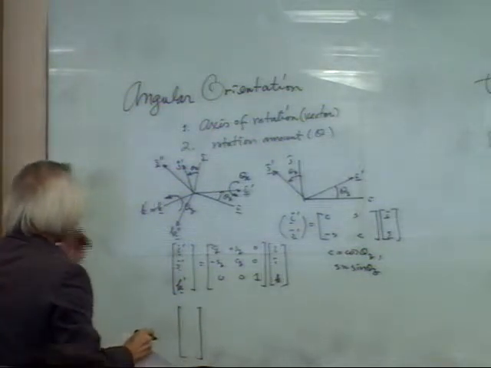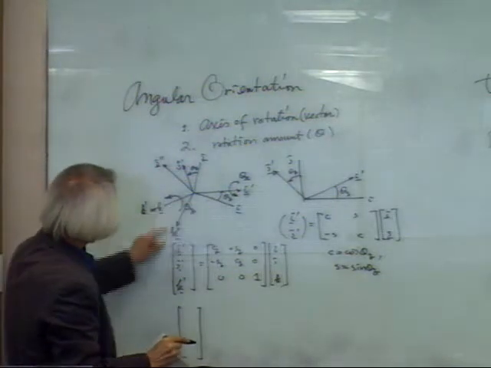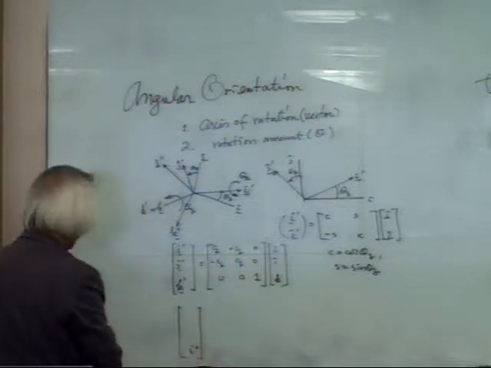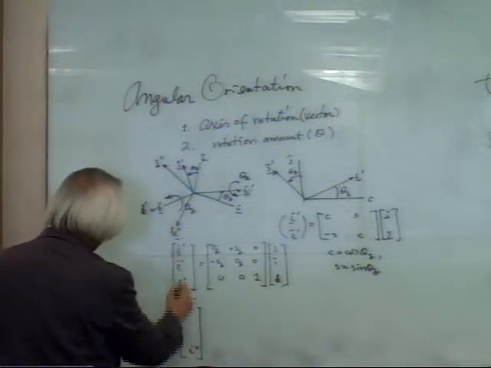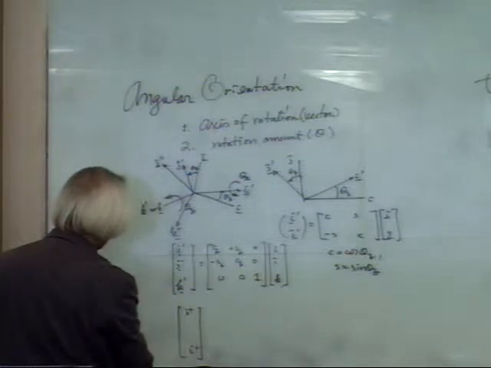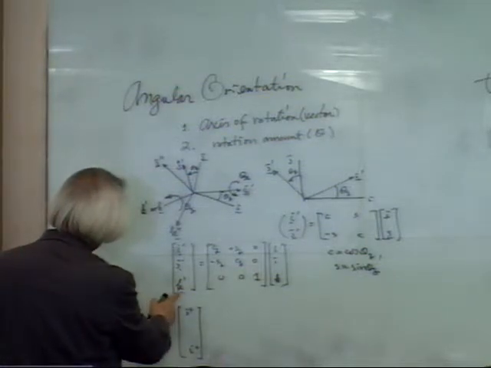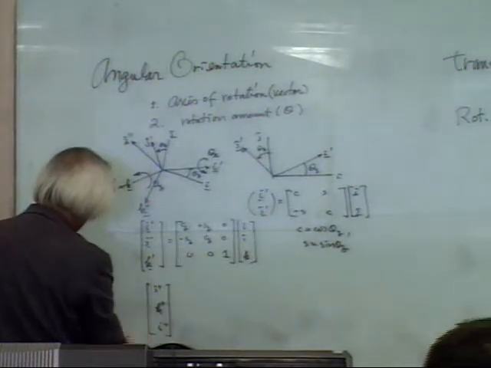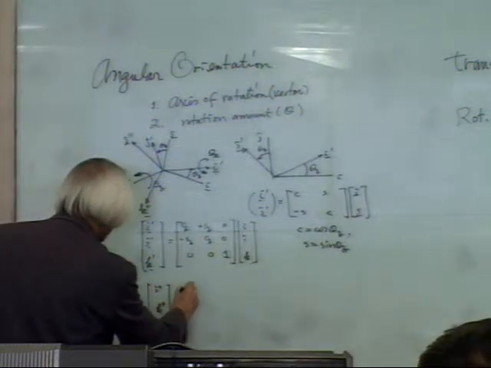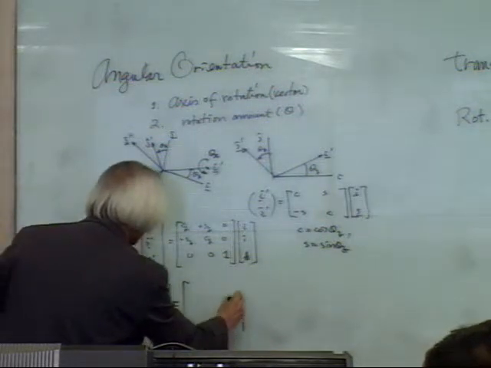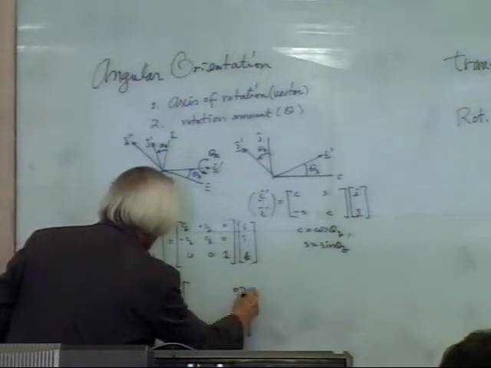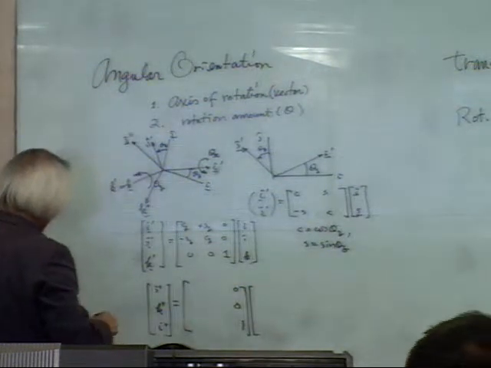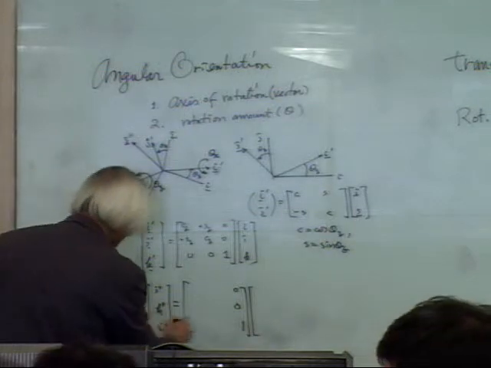Okay? So in this case, this guy is I double prime. So I becomes J double prime. J becomes K. It's like that. And 1, 0, 0, and 0, 0.